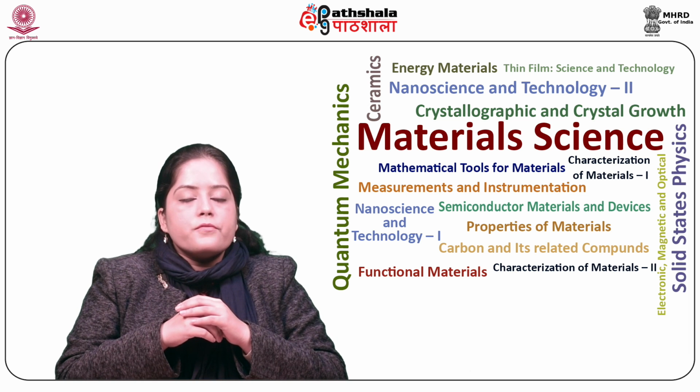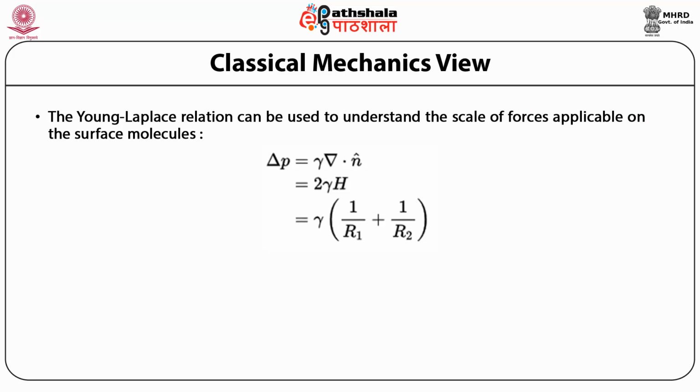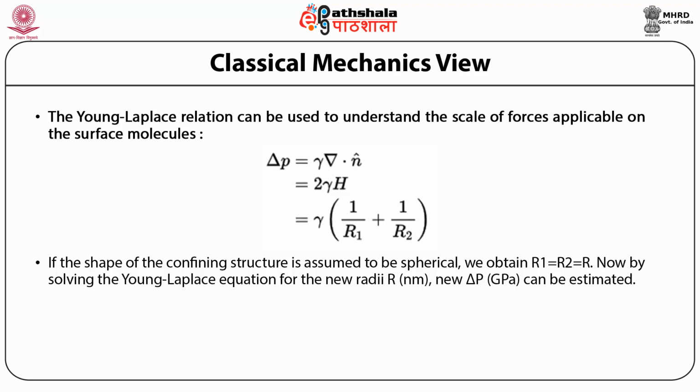Consequently, the surface tension is remarkably changed by 1 by R2. If the shape of the confining structure is assumed to be spherical, we obtain R1 equal to R2 equal to R.